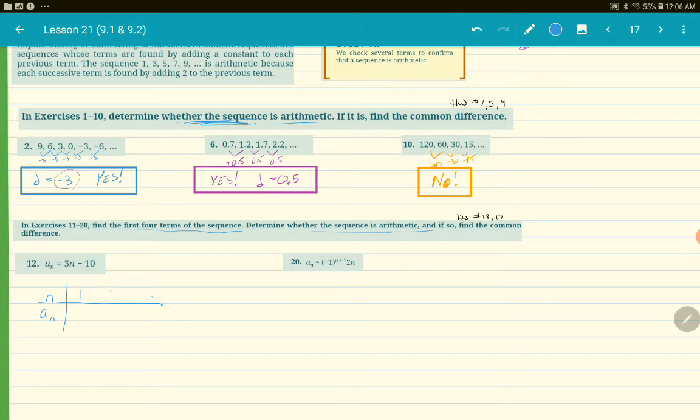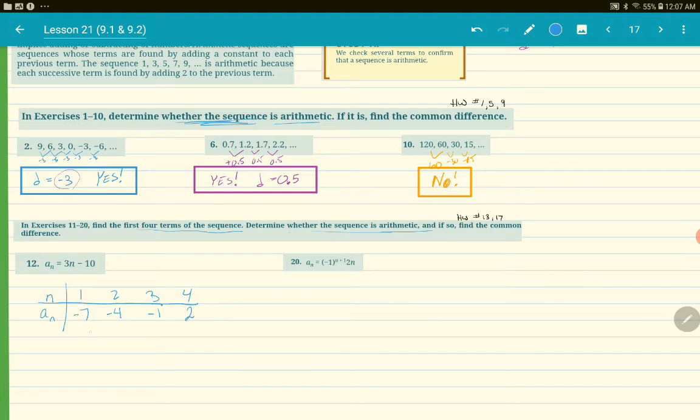So when I plug in a 1, a 2, a 3, and a 4. So if I plug in n equals 1, I get 3 times 1 minus 10, which is negative 7. If I plug in n equals 2, I get 2 times 3, which is 6, minus 10, which is a negative 4. If I plug in 3, I get negative 1, and if I plug in 4, I get a 2.